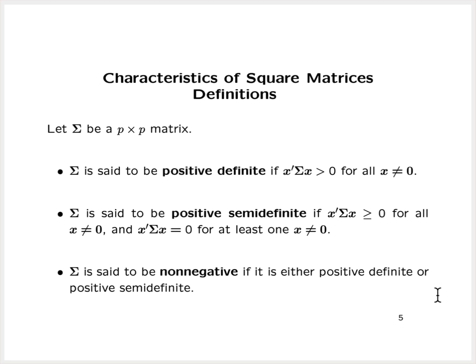Let me point something out here. You'll notice that the page number changed from 2 to 5. That's intentional. I've left out some details, because those details involve some of the mathematics underlying these concepts.